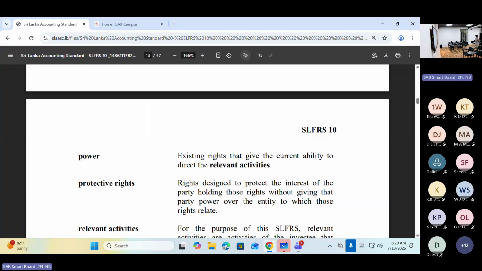In other words, the date the parent entity acquires the subsidiary we call as acquisition date, right? From the acquisition day onwards, as accountants, we should prepare consolidated financial statements. That's the understanding you should have, right? The date you are getting that control, from that day onwards, we should start the consolidation process.